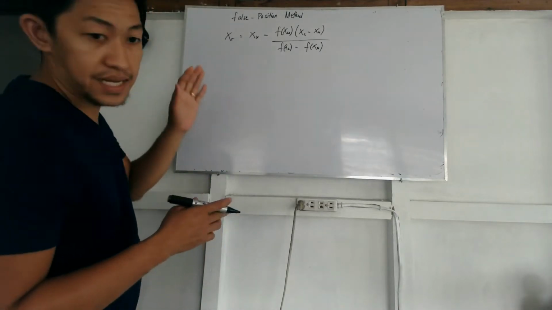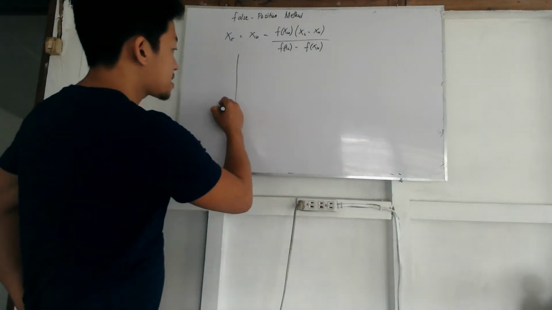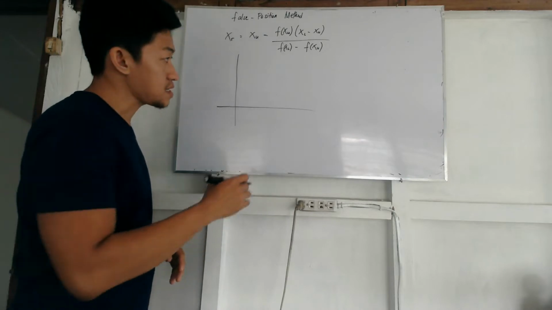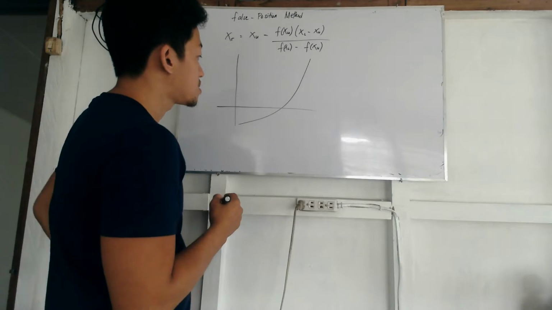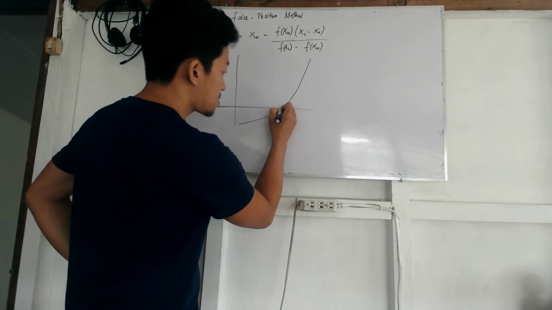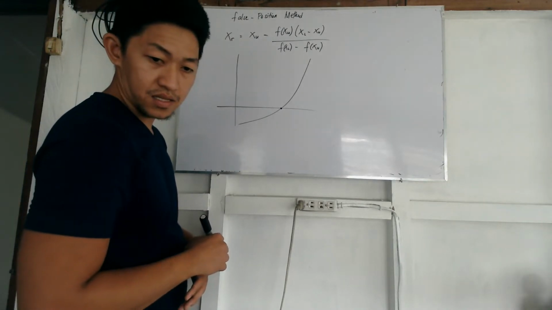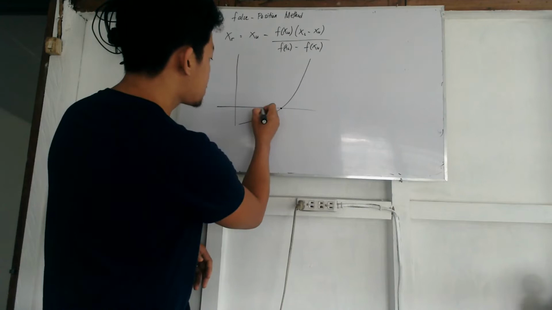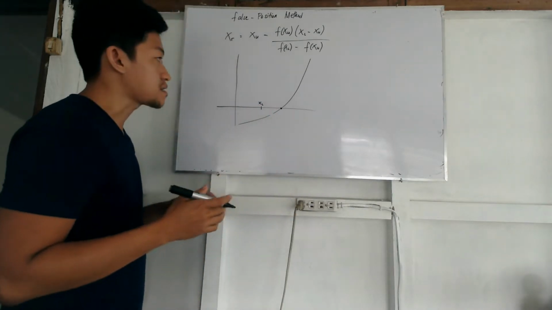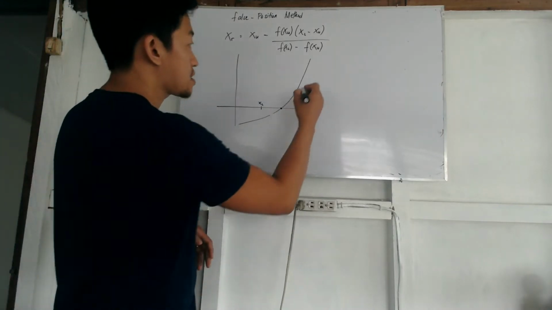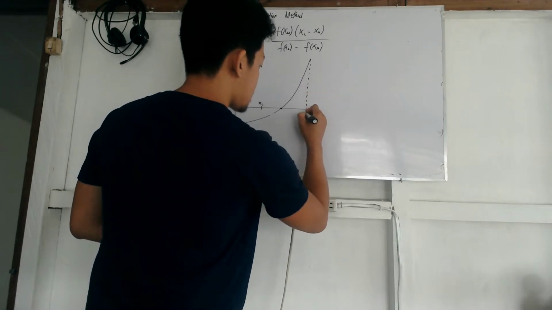Okay, so if we note that this is the graph of the equation, this is your root, right? And you choose a value of the bracket or the interval. This is your XU.